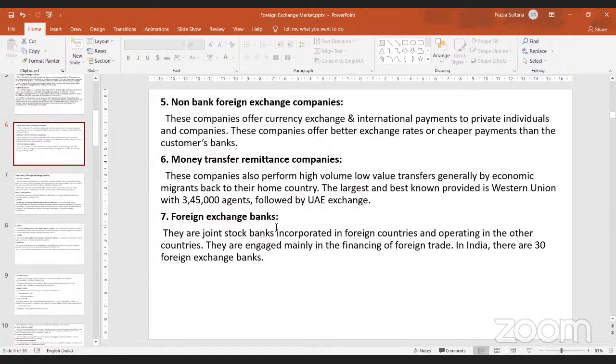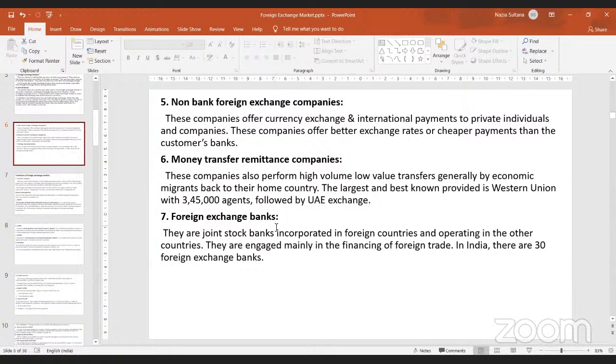Like how you also have Visa and Mastercard as platforms which you use for transacting in the Indian market, in the same way you have these non-bank foreign exchange companies which also have permissions to carry on international receipts and payments for private individuals and companies. They are also a kind of player in the forex market.